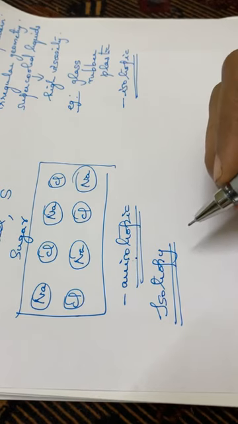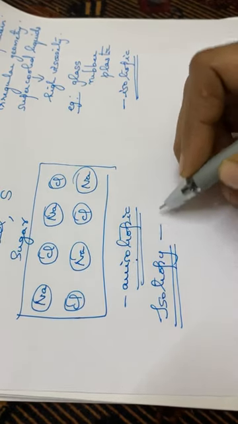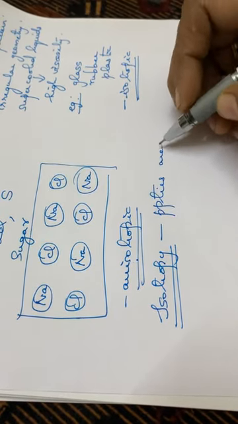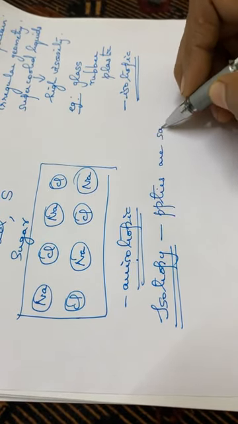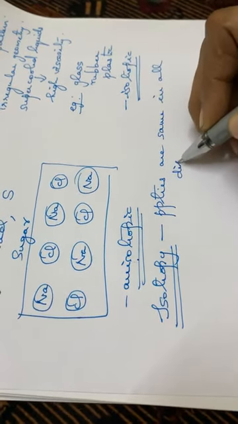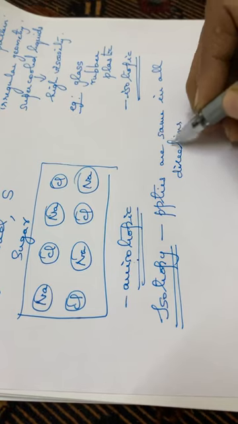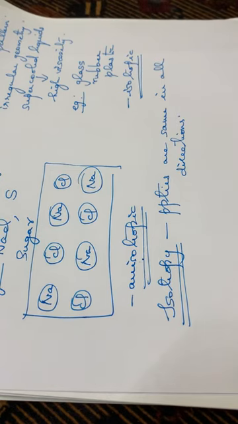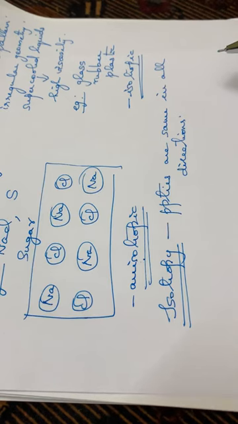Isotropic substances means the properties will be the same in all directions. That means they will have a uniform composition. While going through any magnitude, the properties will be the same in all directions.